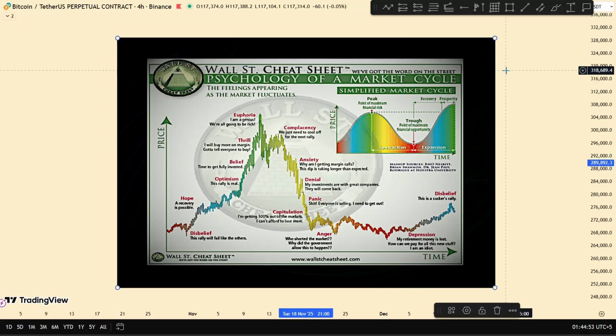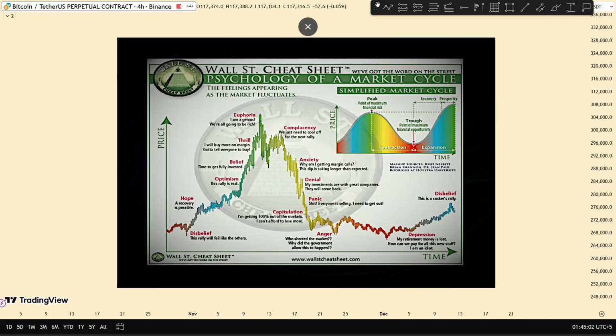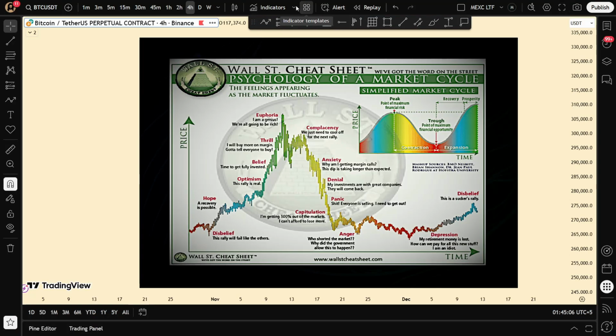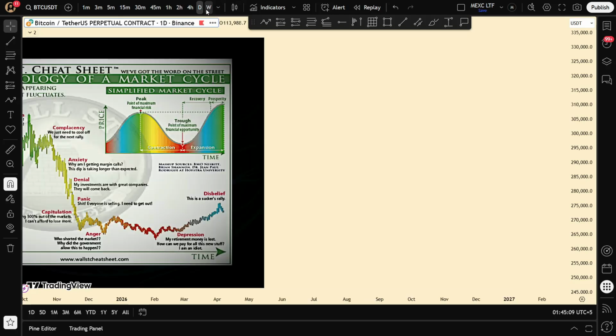Anything that is mature enough to be charted, any asset, has its cycles. Let's go to the daily time frame on BTC and we will discuss this.